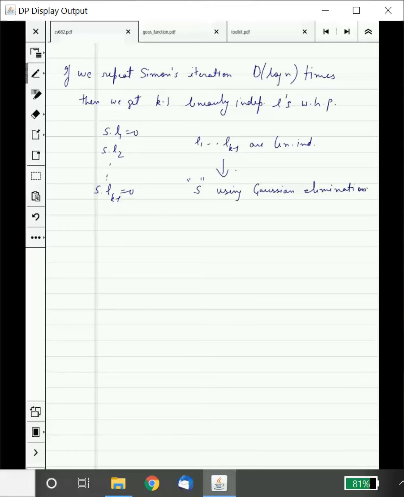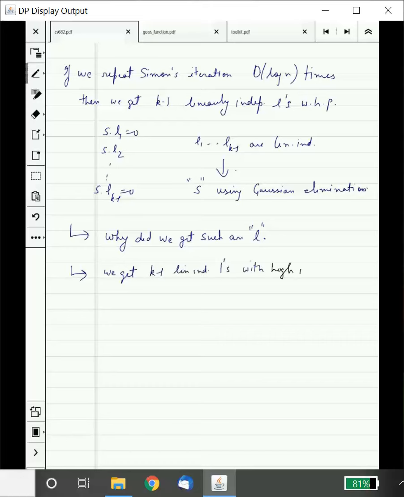The things we are going to see in this video: one is, why did we get such an L? There is an intuitive meaning of why this kind of an L was obtained. Second thing, to show that we get k minus 1 linearly independent L's with high probability.